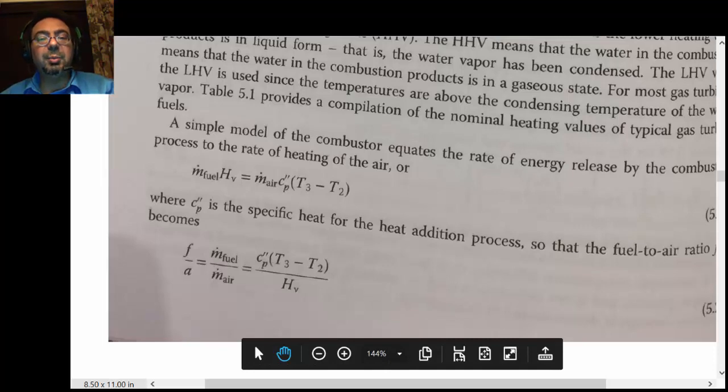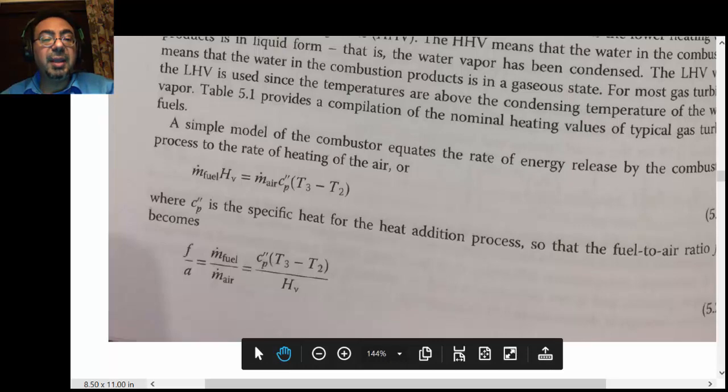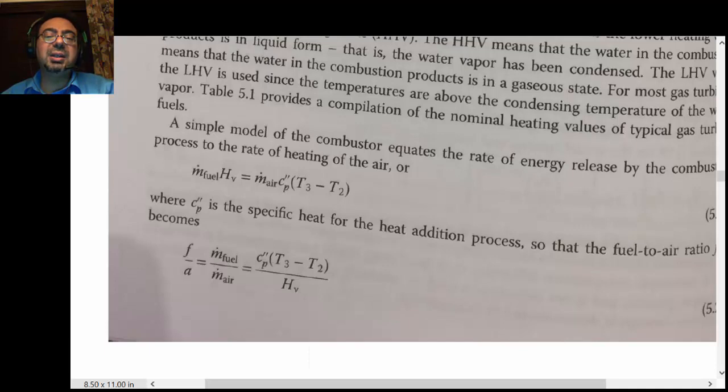And if in the problem you ask about air to fuel or fuel to air mass ratio, or simply the fuel to air ratio, it's this equation. By using this equation, you realize why the ratio is 2%, because the heating value is really high. For natural gas, that number is around 30 megajoule per kilogram. And what's Cp of the air?